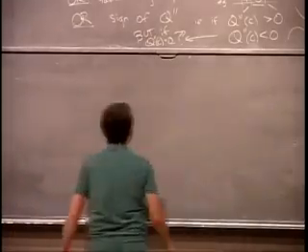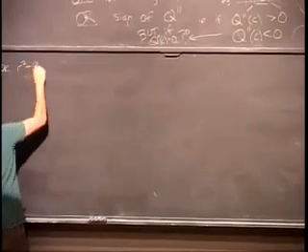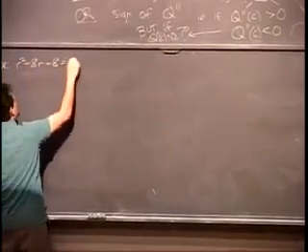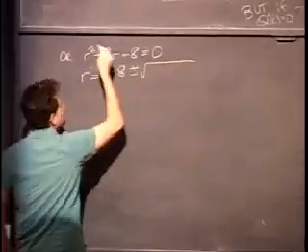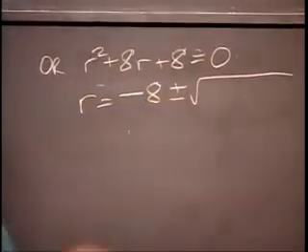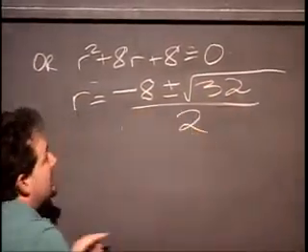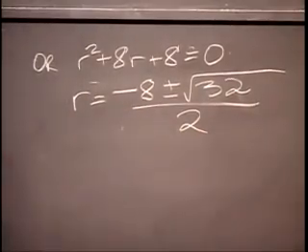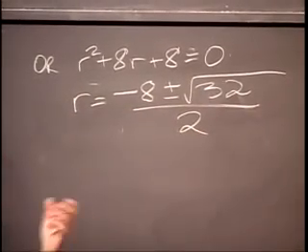Okay, so we've ended up with r squared plus 8r minus 8 equals 0. The solutions to that would be r equals minus 8 plus or minus the square root of b squared minus 4ac, that's 64 minus 32, all over 2a. Now, these are legitimate possible critical points, but what is root 32 approximately?